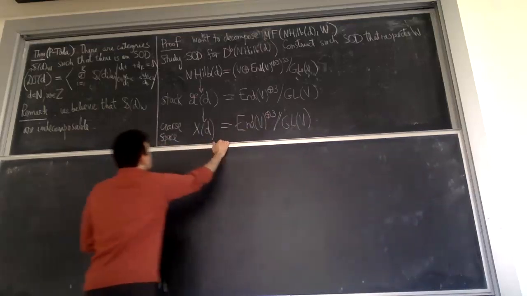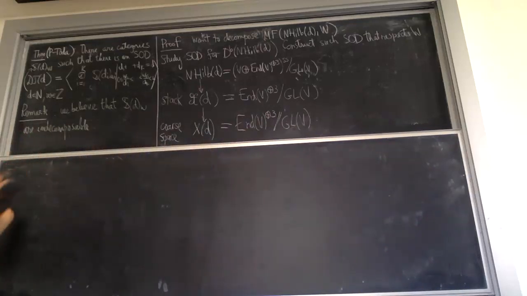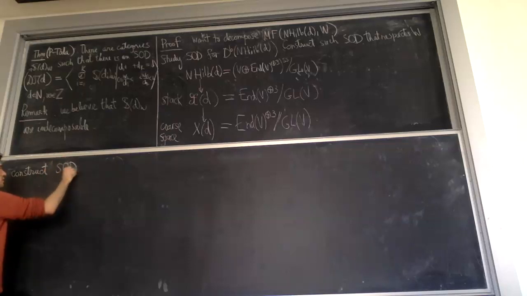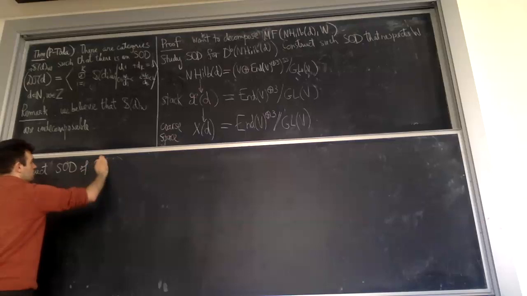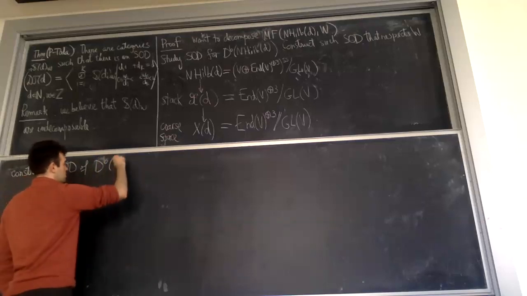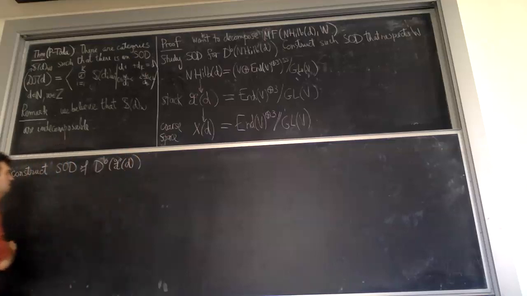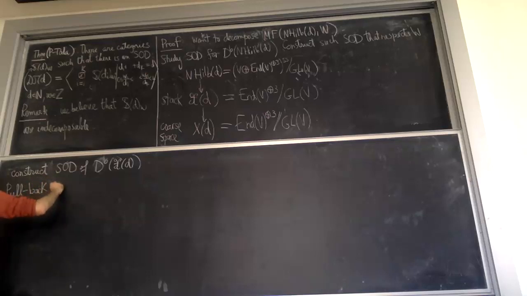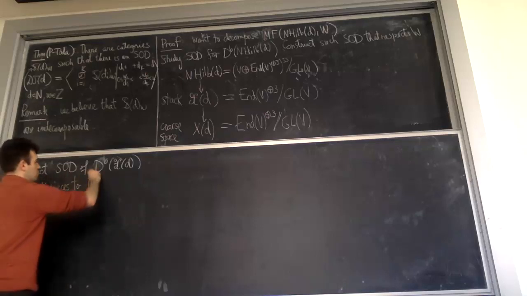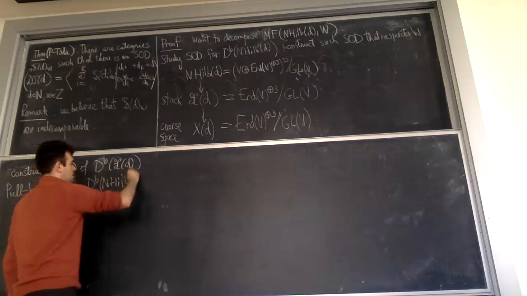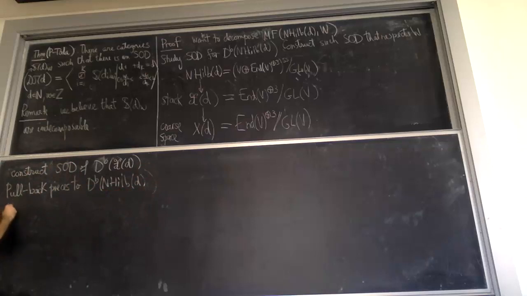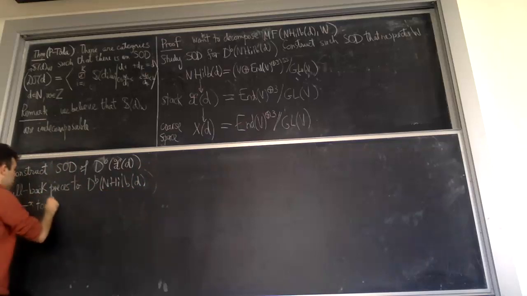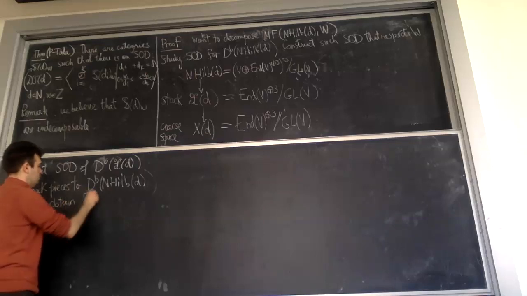Okay. So now we'll construct an SOD of this stack X_D, and then we'll pull back pieces to n Hilb D to obtain the desired semi-orthogonal decomposition.